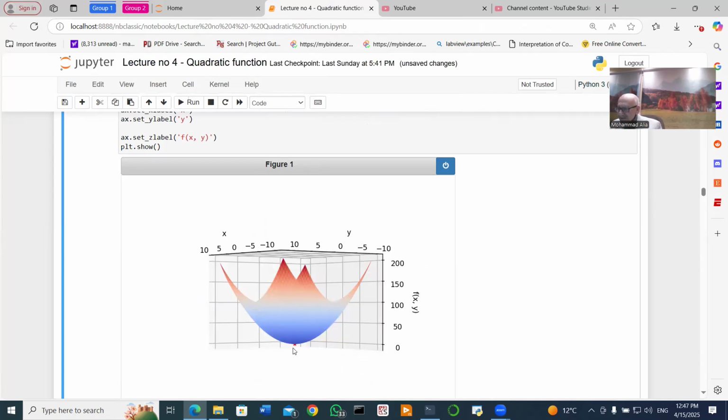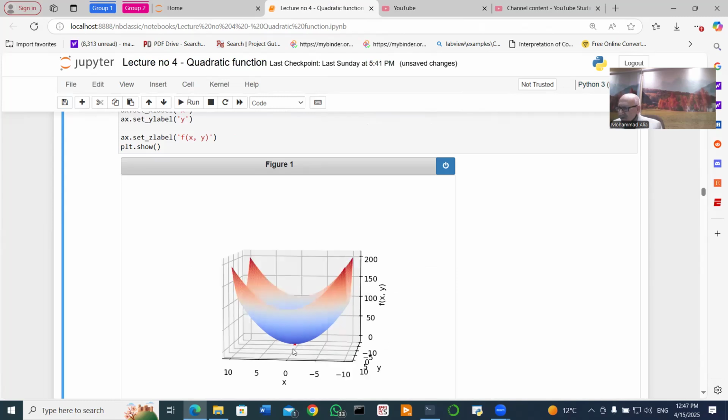So as you see, here is the point shown, which represents the minimum value of the surface. Now, it is not a function, a line, it is a surface at the coordinates x equal to 0 and y equal to 0. This is y, and this is x, xy 0, and z here is also 0.